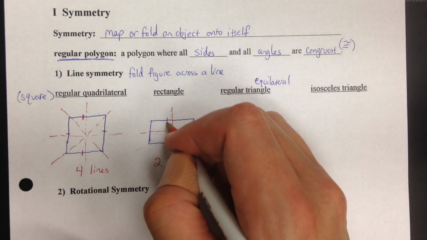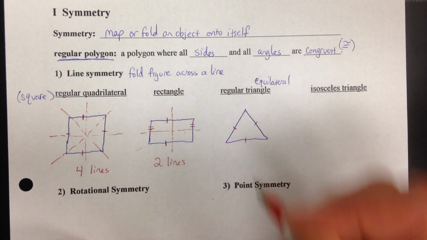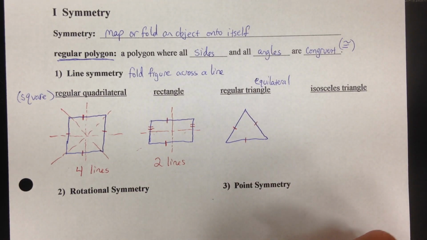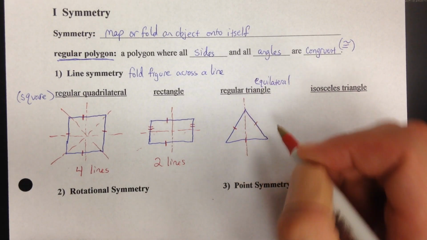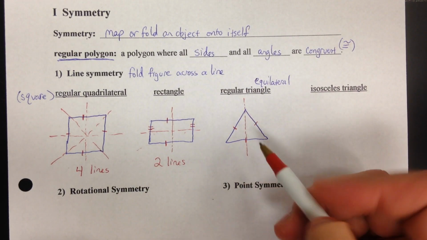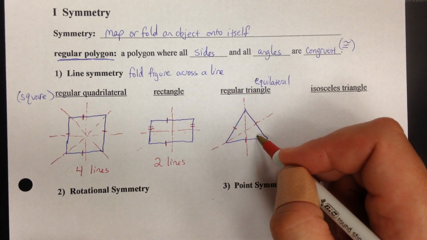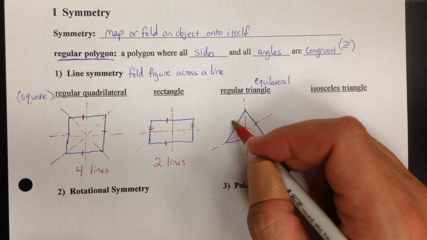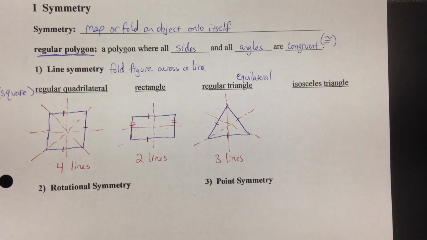With a rectangle, I could do 1 mark for the top and bottom, and then 2 marks for left and right because they're different. They're not all the same. In a regular triangle, I could draw a line of symmetry here, and the left would fold onto the right. I could draw one from here, and this would fold onto here. I could draw it like this. So there are 3 lines of symmetry right there.